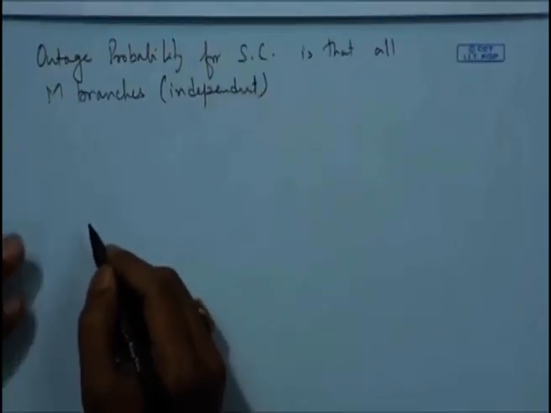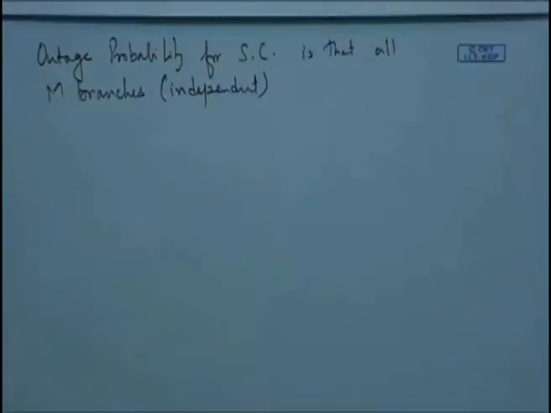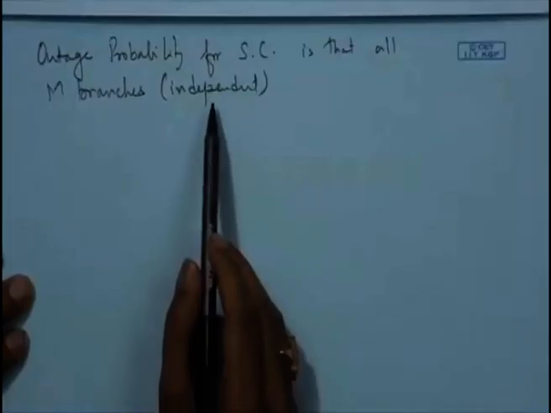That means we are assuming the separation between the antenna elements is sufficient, that means it is more than the coherence distance, or it is more than lambda by 2 in case of p(theta) equal to 1 by 2 pi. That means they are uncorrelated. In case of Gaussian, they are independent. So, we will be assuming independent branches.